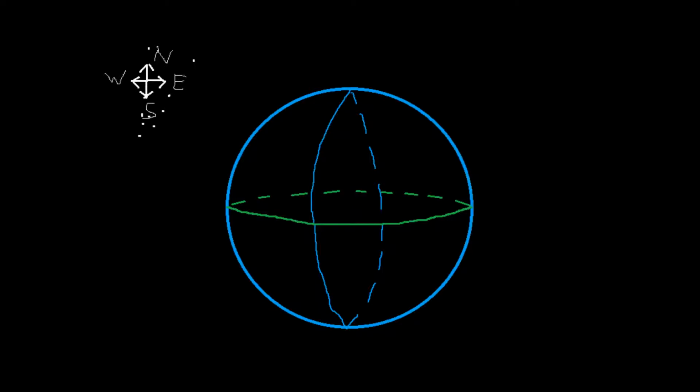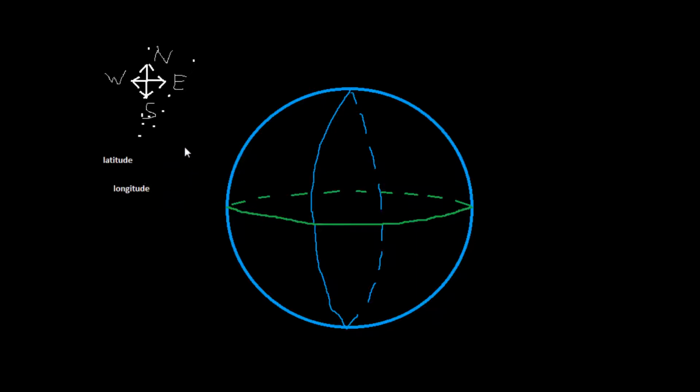Okay, now two words that we need to be familiar with when we talk about location on the Earth are latitude and longitude. So we're going to write those words here right now. Latitude. And the next word is longitude.